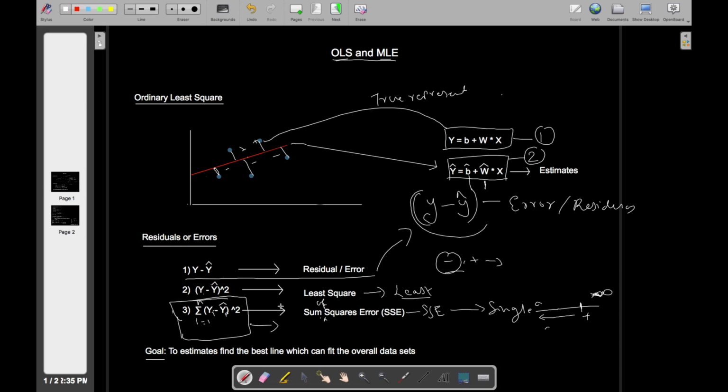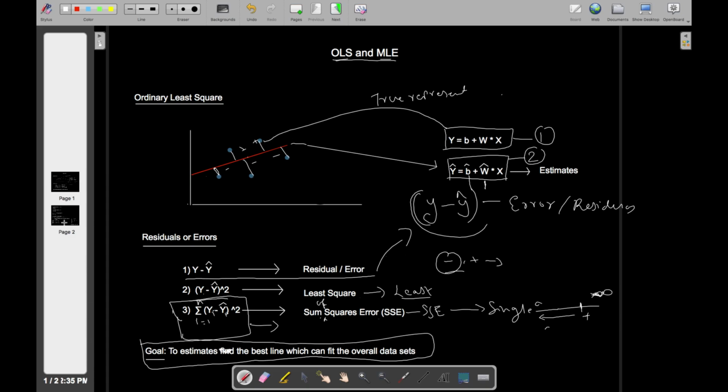So the overall goal of calculating the error is to come up with the best estimated values of B and W by minimizing this function, to estimate the best line which can fit the overall data set. This is our overall goal.